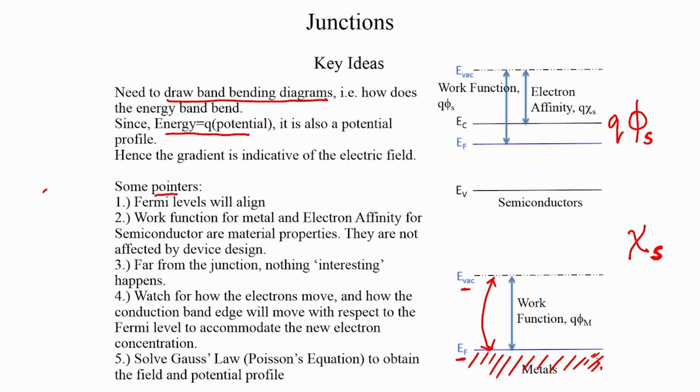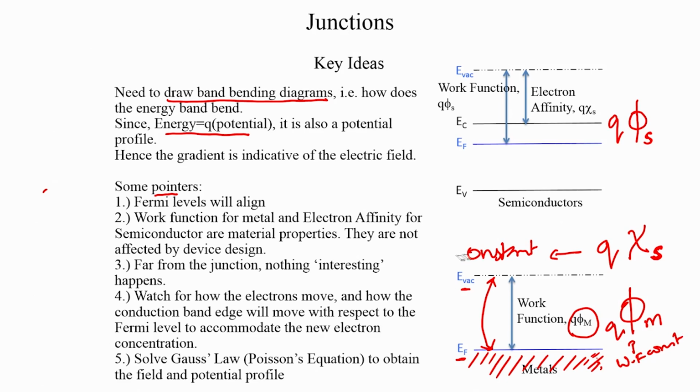But for a metal, the work function is a constant. In other words, for a semiconductor the electron affinity is a constant, and for a metal the work function is a constant. The work function for a semiconductor depends upon the doping.